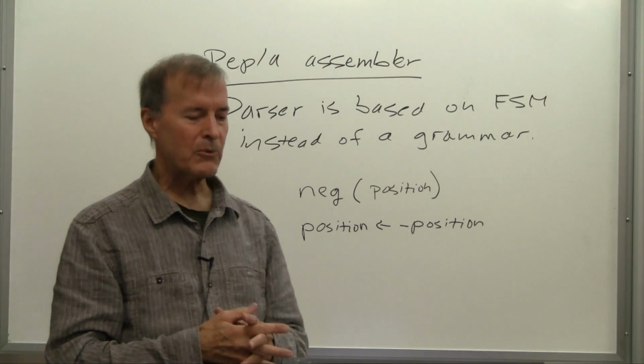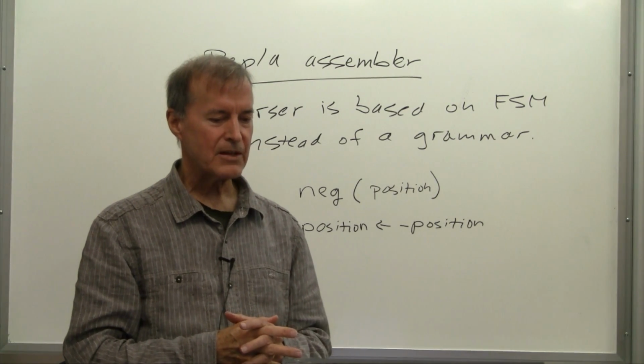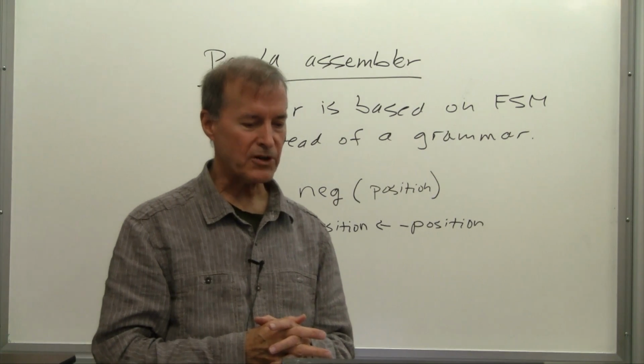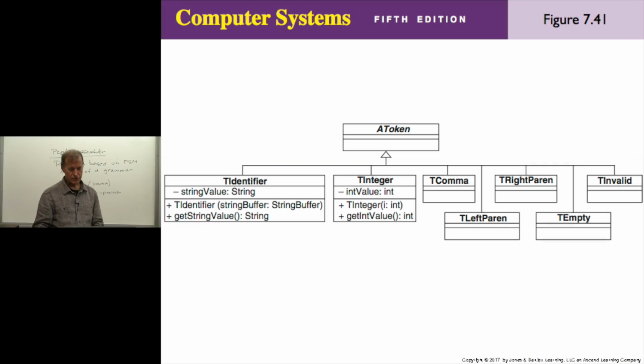Now what we want to do is take a look at some of the principles about how it works. But what I want to focus on now is figure 7.41. Figure 7.41 is a UML class diagram for the tokens in this language.